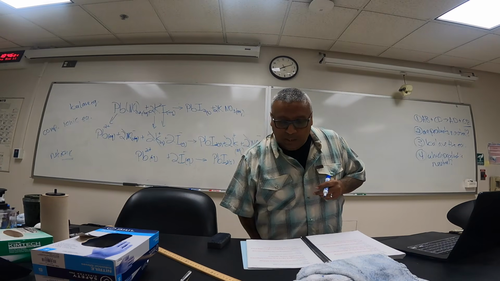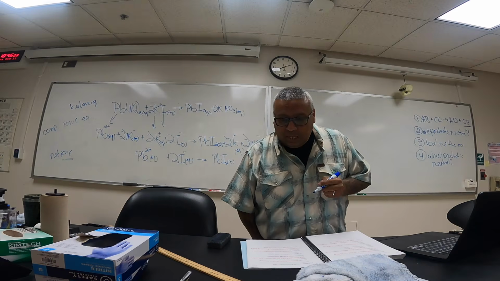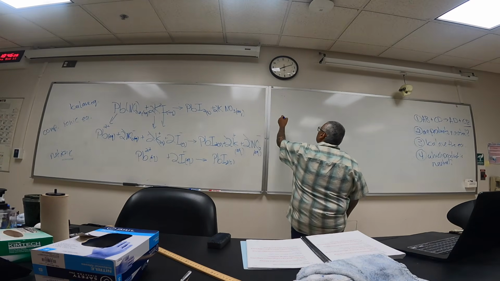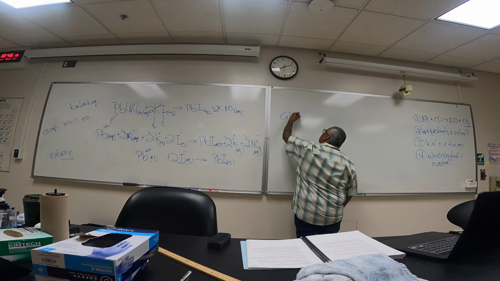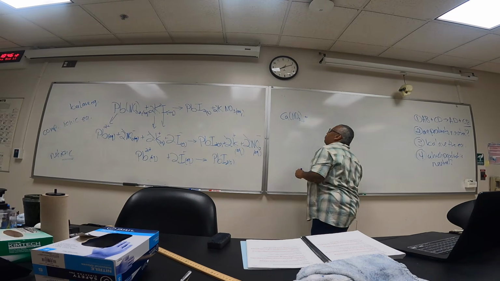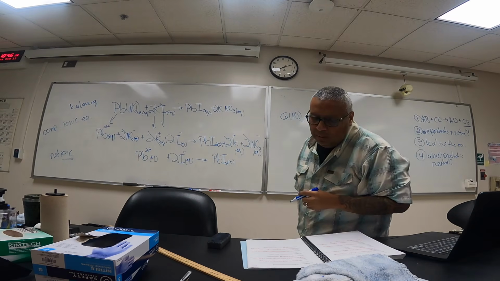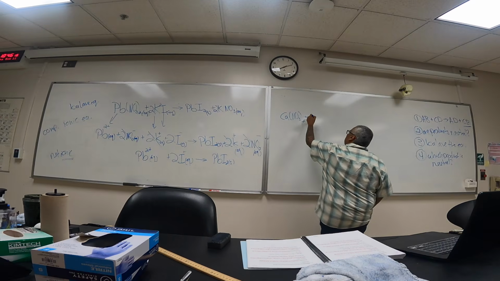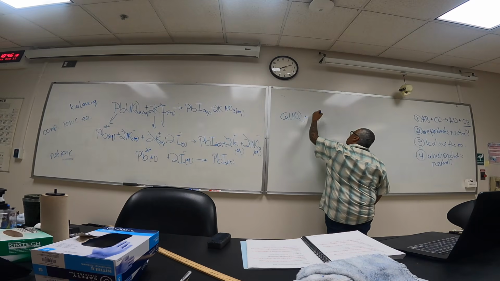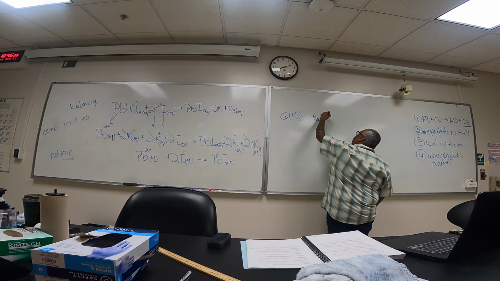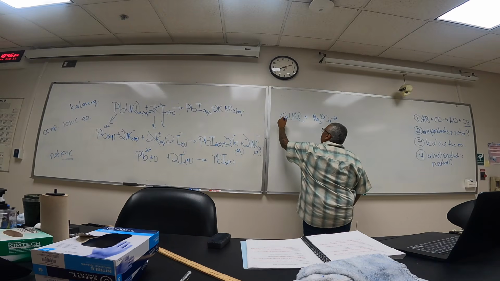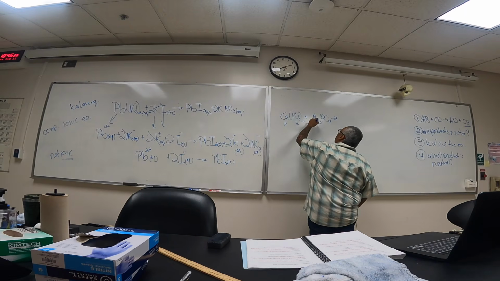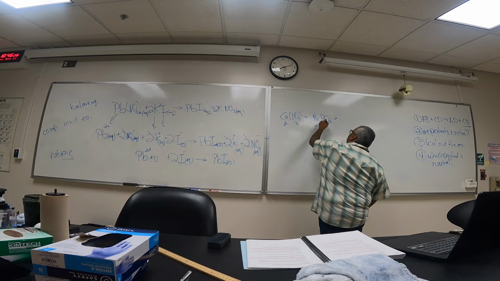So 5 is going to be, let's see, some calcium nitrate plus some sodium phosphate. This represents A, nitrate B, this is C, phosphate is D.